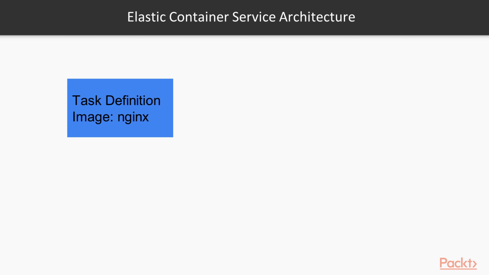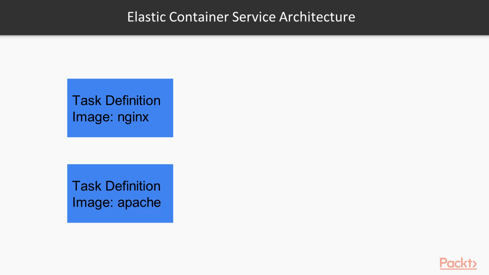Now via diagrams, let's try to understand the architecture of the Elastic Container Service in a little bit more detail. I said the first thing you do is a task definition. Here you mention the image. You could have one task definition that says, please use the image for Nginx. You could have another task definition which says, please use Apache as the underlying image. So now you have two task definitions.